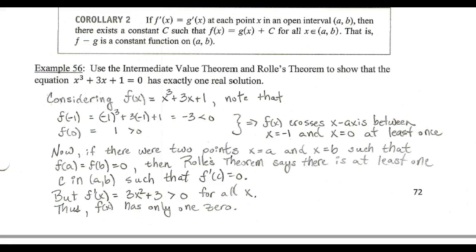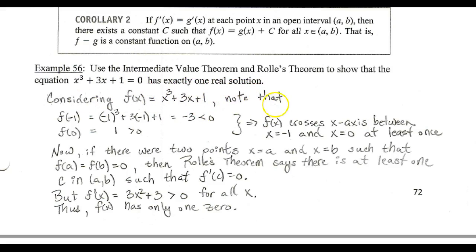I can't get from f of a to f of b without crossing that value, as long as f is continuous. So that's the intermediate value theorem. So we want to use that and Rolle's theorem to show that the equation x cubed plus 3x plus 1 equals 0 has exactly one real solution.